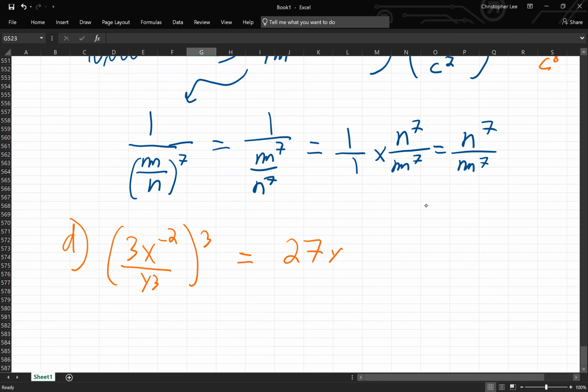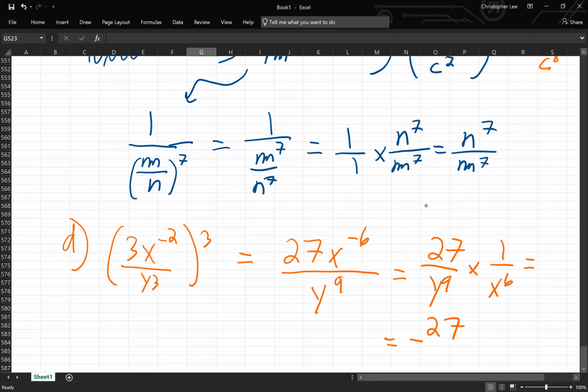X to the negative 6. What else? Very good. Remember, it's illegal for me to have that. 1 over X to the 6, right? And then final answer? X to the 6, Y to the 9. And then that's it.